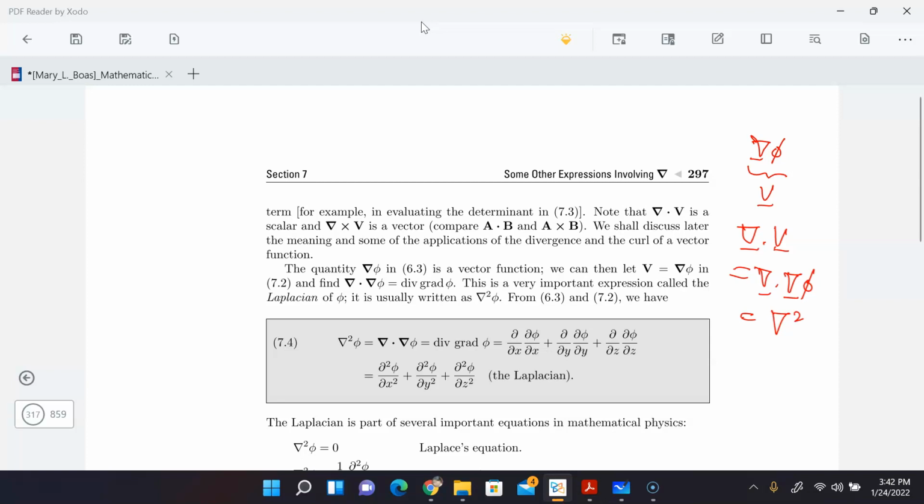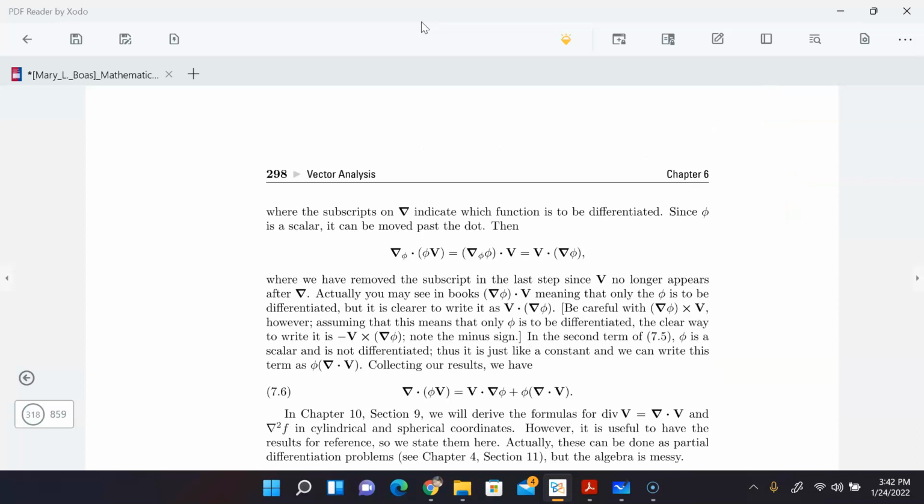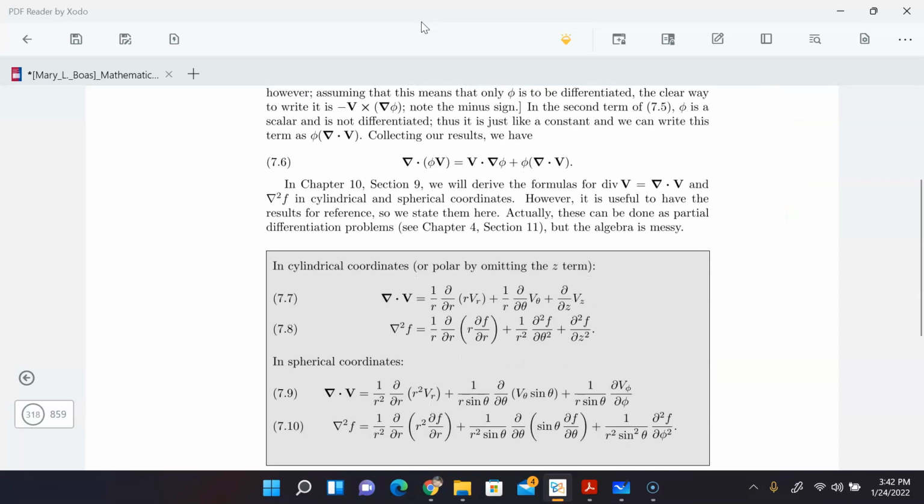Del squared is what we call the Laplacian, and the Laplacian appears in physics in many different ways, which is mentioned over here. So I probably want to stop there for today.